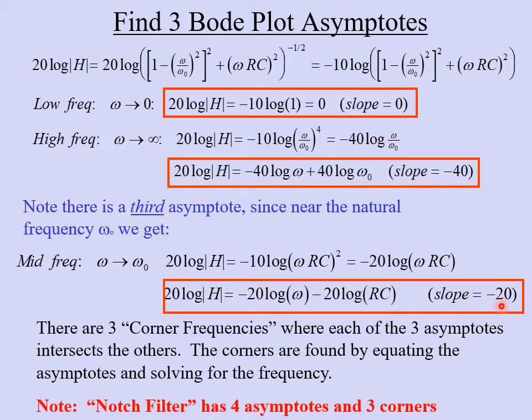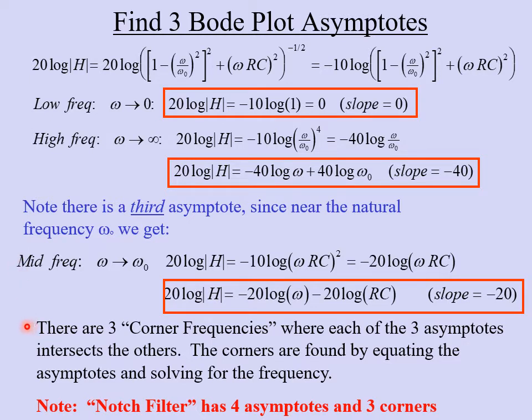So again, if you're wondering what the heck am I doing here, please look back on part 1 of this chapter 6 video, because we went through examples of how to do these types of approximations and also how to find the slope on the Bode plot, which is a log-log plot. So we've got our 3 asymptotes here.